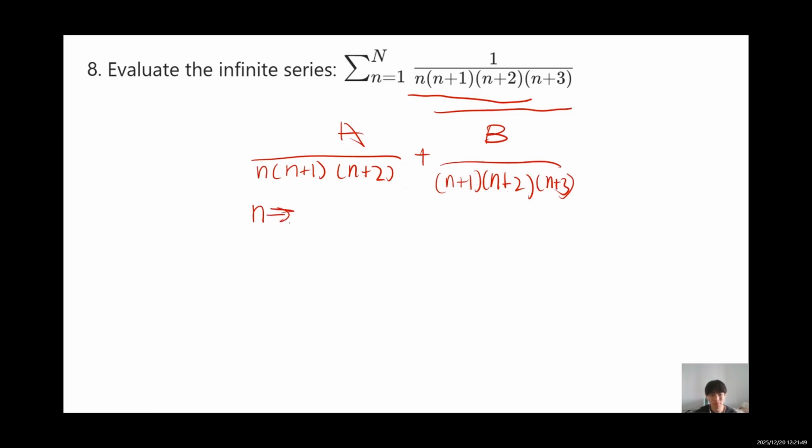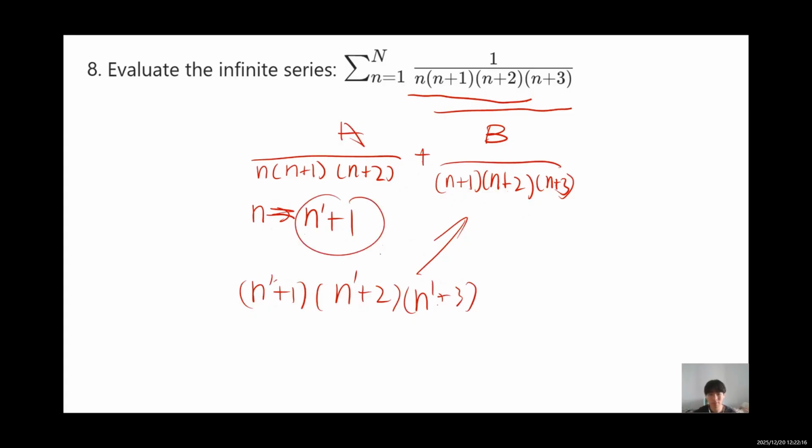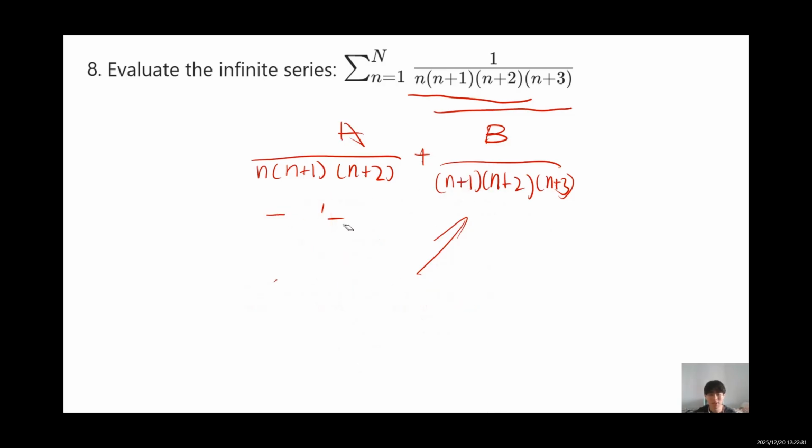Let n equal n prime plus 1, and you can see it's just n prime plus 1, n prime plus 2, n prime plus 3. See, it's equal. I mean, using this, we can know that this is just the first term of this guy. So this one is also okay.